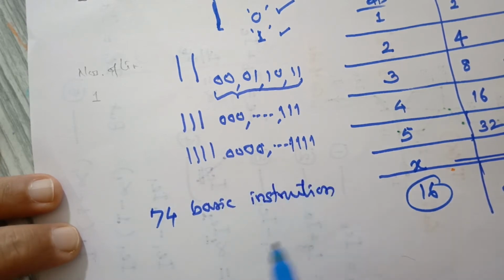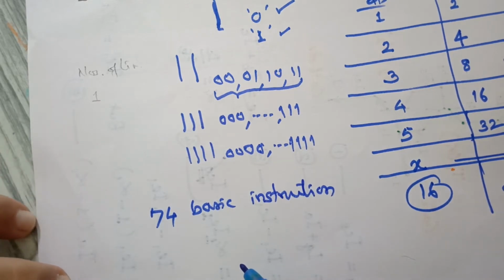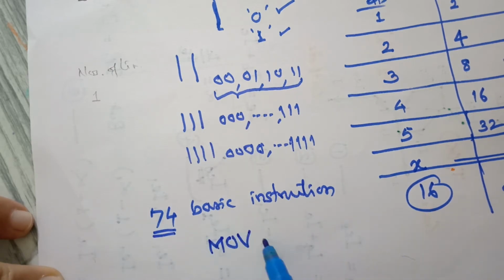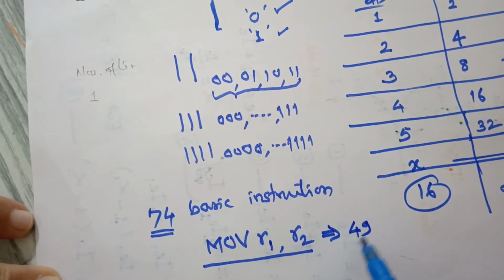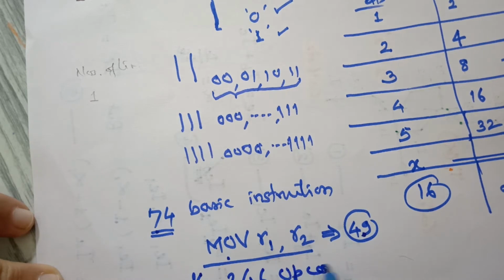Instructions are nothing but operation codes. We have discussed it, and each instruction may have different combinations. For example, MOV R1, R2 is one standard instruction where these are the registers. Using different registers, its combinations are about 49. So this single instruction has 49 combinations, and that's why we say that it has 74 basic instructions and 246 op-codes.